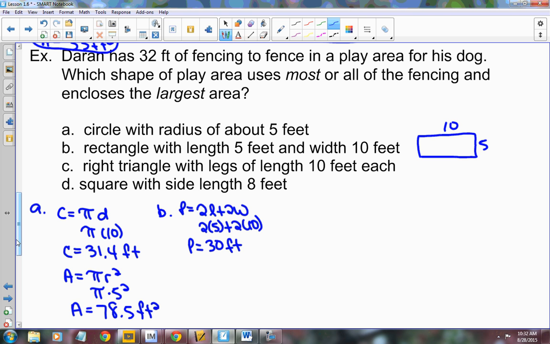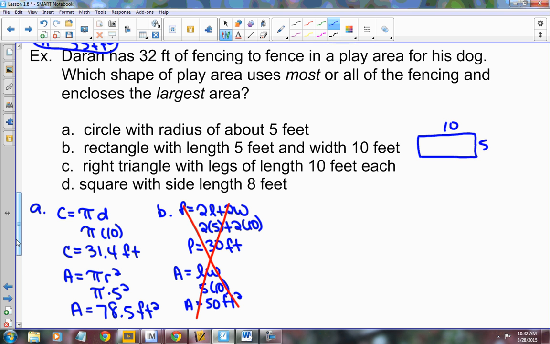Doesn't use quite as much fencing, right? Well, let's see what happens with our area. Remember, area is length times width, so that would be 5 times 10. That gives me an area of 50 feet squared. What do you think? Should we think about that one, or should we go with the first one? Okay, so we're going to get rid of this one. That one doesn't meet our criteria as well.